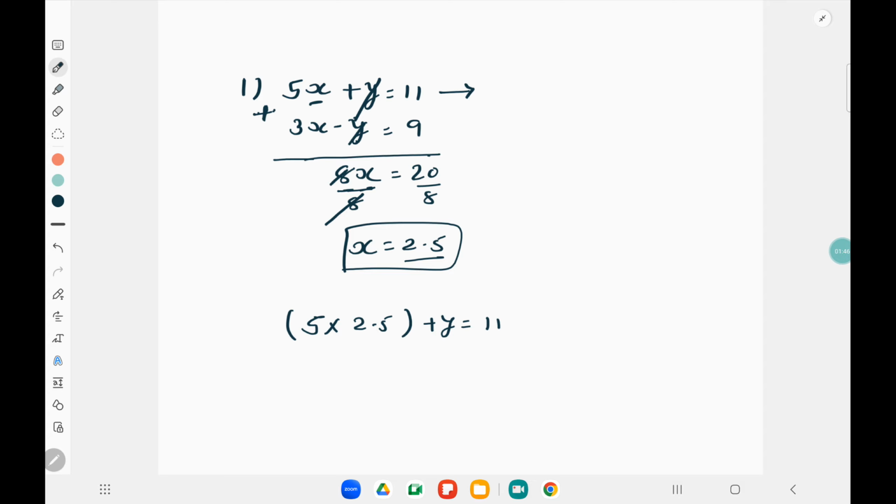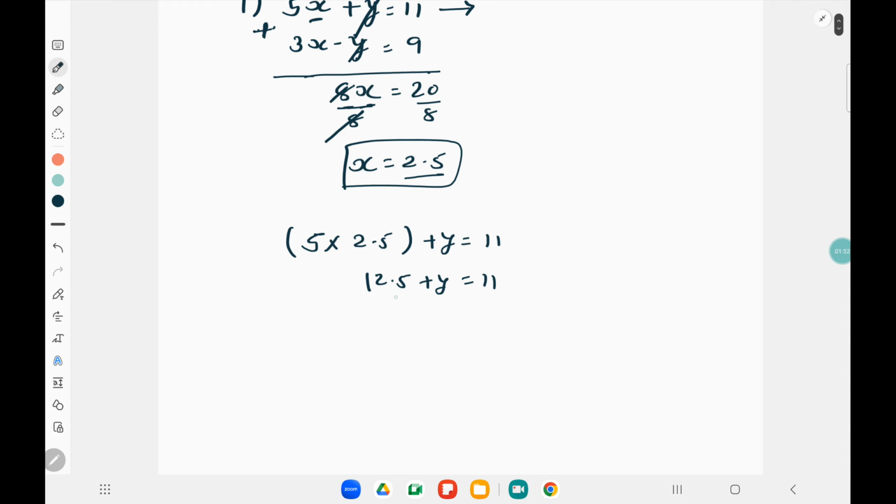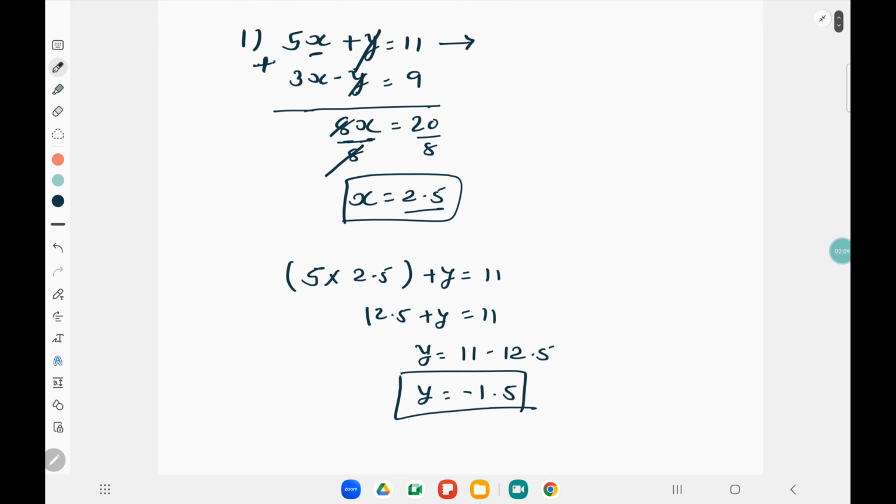Okay, 5 times 2.5 is going to be 12.5, plus y equals 11. Now 12.5 we will move to the opposite side, and when we change the side, we change the sign. You remember that, right? So that's going to be take away 12.5. So y is going to be minus 1.5. So this is the y value and this is the x value.